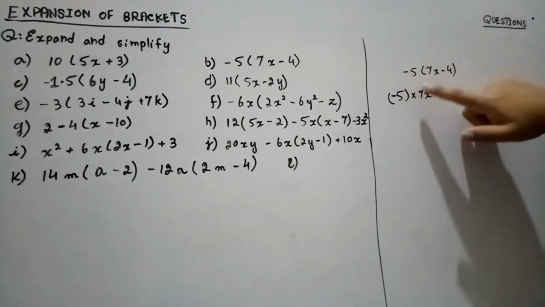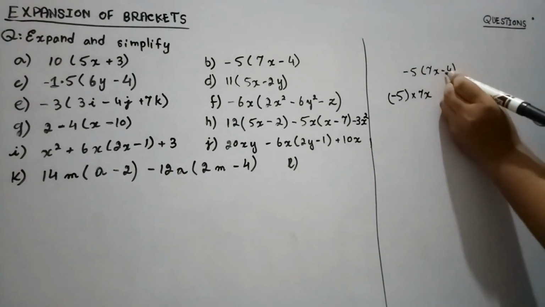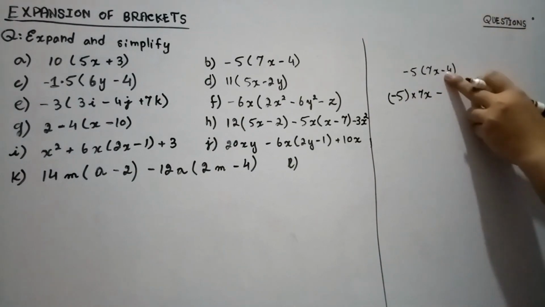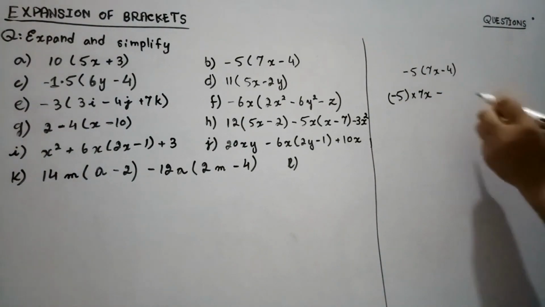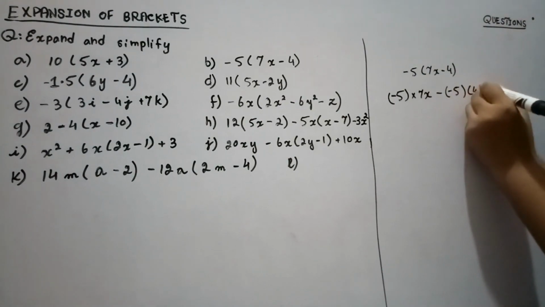This time the negative number, which is negative 5, is going to multiply by this 7, and if I write this minus sign as it is, again we have negative 5 multiplying by 4.